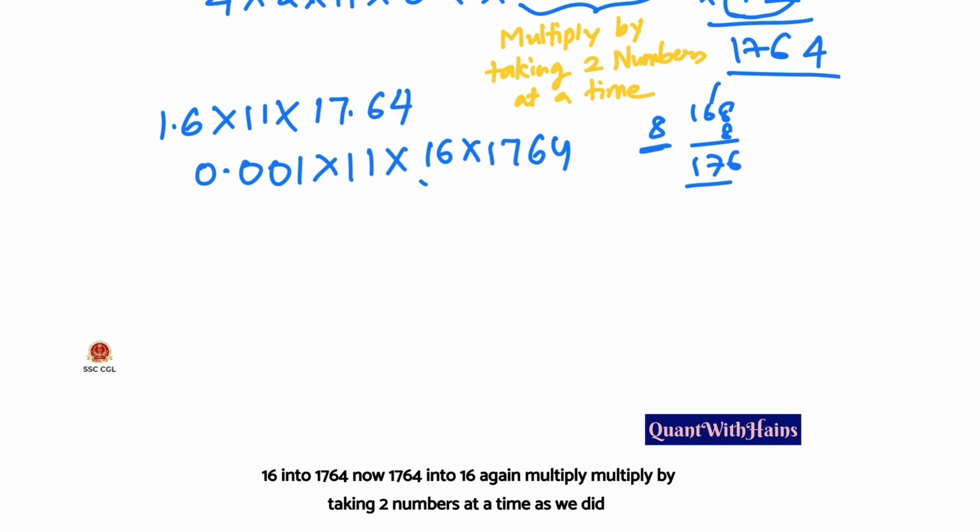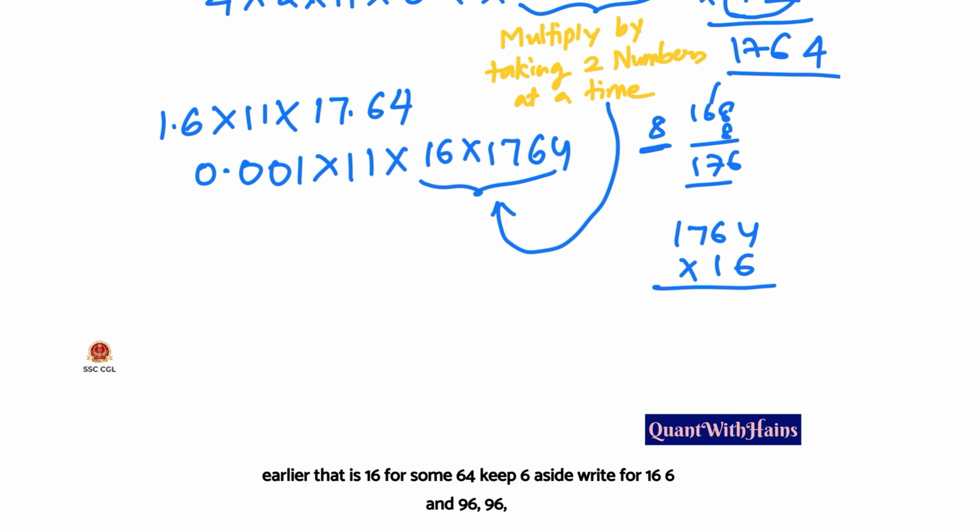Now 1764 into 16. Again multiply by taking 2 numbers at a time, as we did earlier. That is 16 fours are 64. Keep 6 aside, write 4. 16 6s are 96. 96 plus 6, 102.